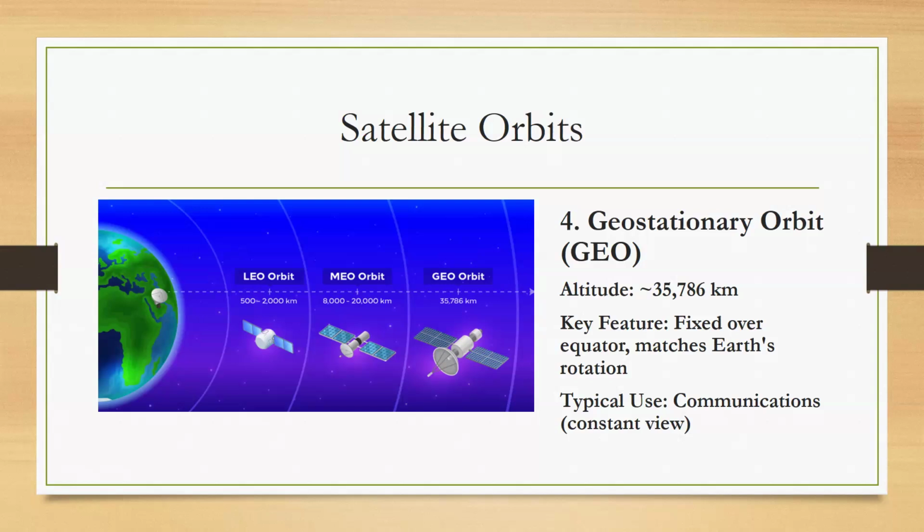So the footprint does not change. It revolves around the Earth at the same rate at which the Earth itself is rotating about its axis. So we have always the satellite mapping or looking at the same Earth location every time.